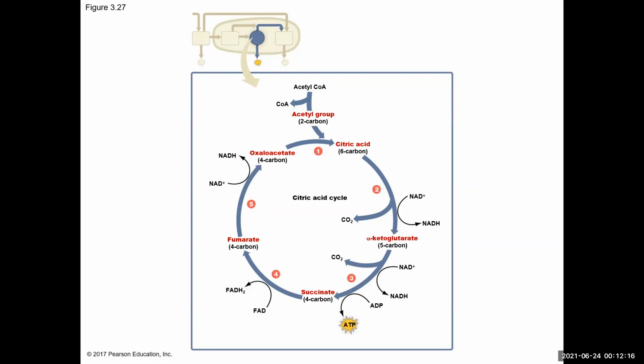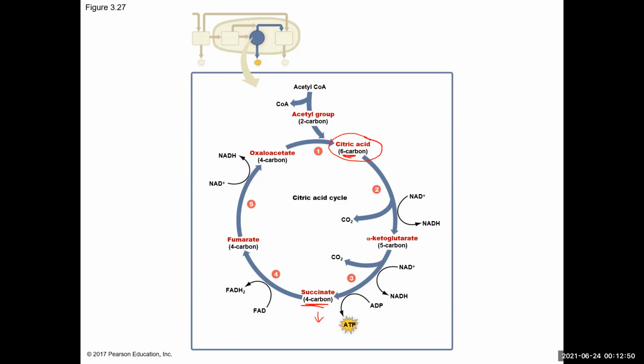There we go. The 4-carbon binds with the 2-carbon to make the 6-carbon. Okay? And then through 2 reactions, you don't have to know these reactions, but just know that from this 6-carbon, which is the citric acid, this is where the name comes from, the citric acid cycle, this 6-carbon is broken down into a 4-carbon molecule.